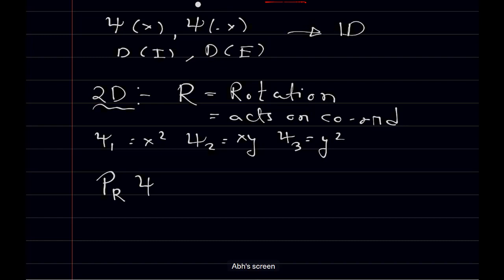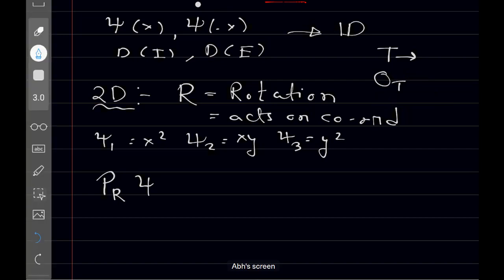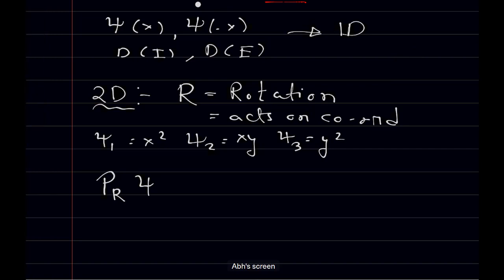psi. So remember, whenever we saw that an operator T was acting on the coordinates, we talked about an operator OT which acts on the function, and then we found the matrix representation of this. So remember the steps; the same thing we'll do. We know R acts on coordinates. We form P of R that acts on functions, and whenever it acts on a certain function, we are going to write it as a linear combination of all the other bases, because psi1, psi2 and psi3 are bases.